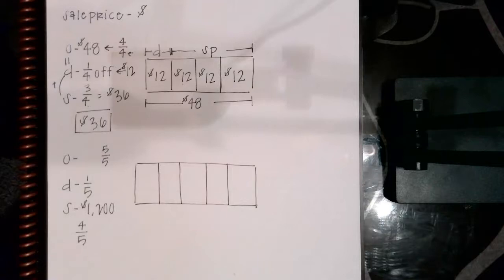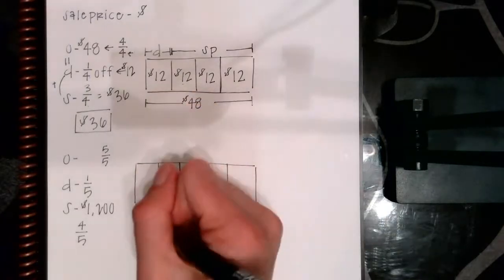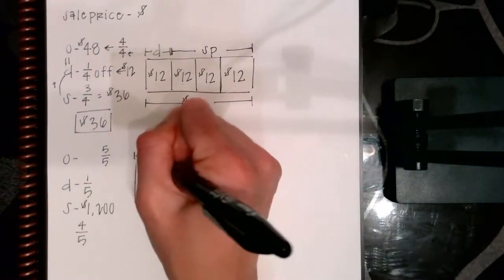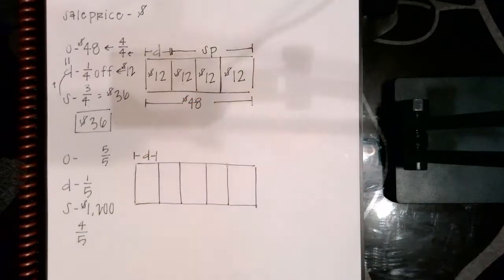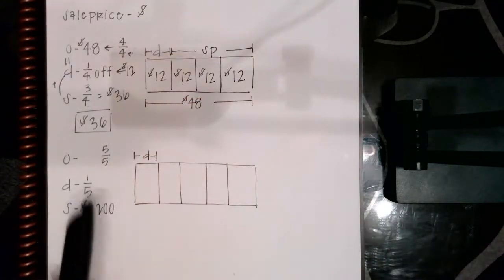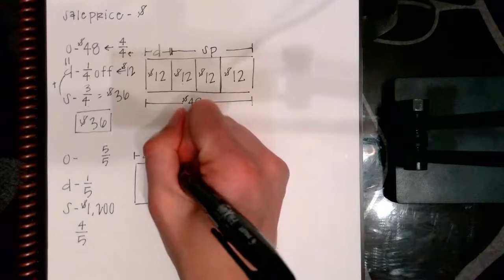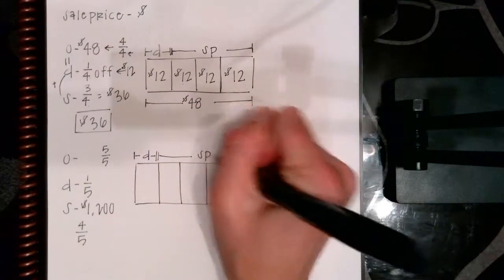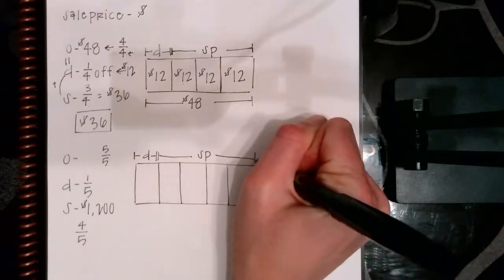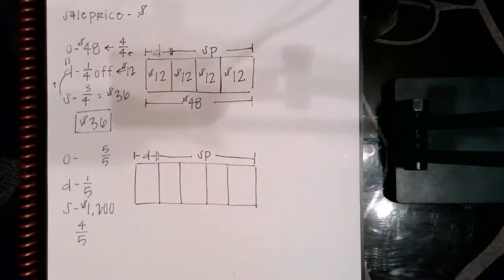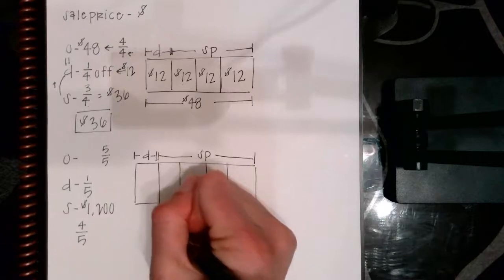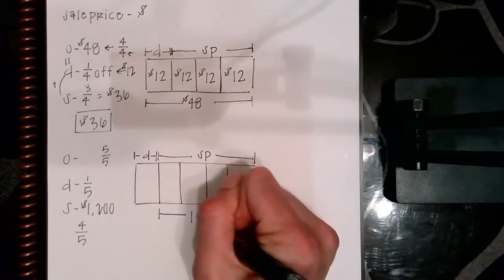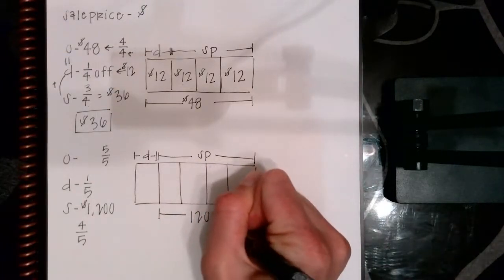So there's 5 pieces. I know that this is the discount because it is 1/5. And I know that the rest, or the 4/5, will be the sale price. And I also know that the sale price was $1,200.